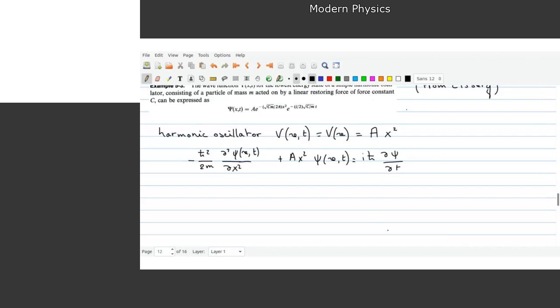So what I'm going to do now is not prove that it is a solution. I will accept that it is a solution, and I'm going to find the probability density. What is the probability density?